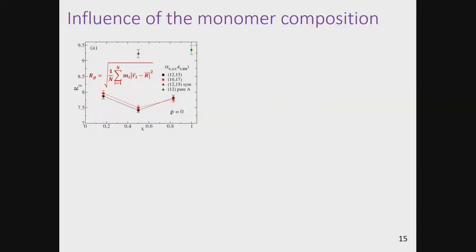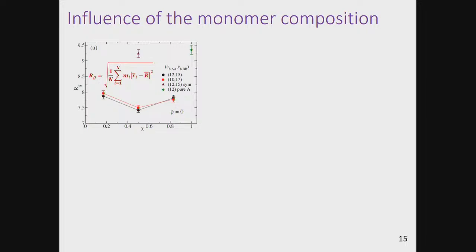So if you look at the basic quantification of the size of the chains, there is clearly a non-monotonicity in the size as a function of the composition of the reactive monomers. And what you see here is something very interesting.